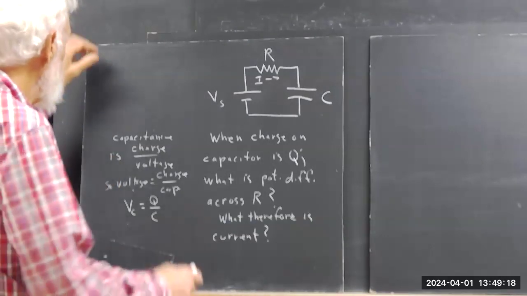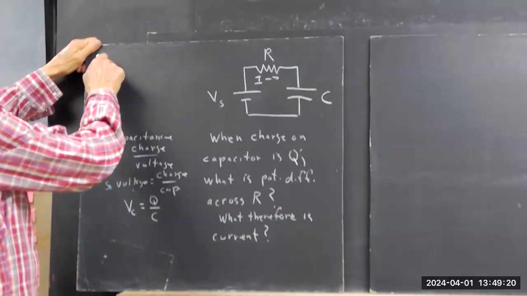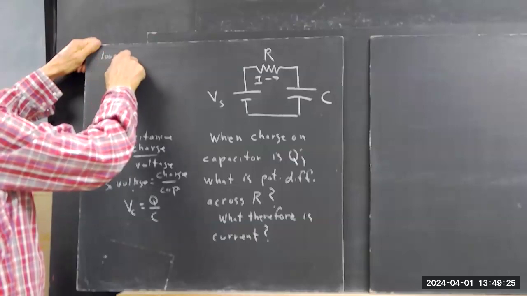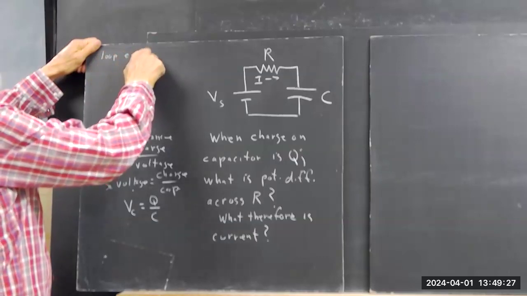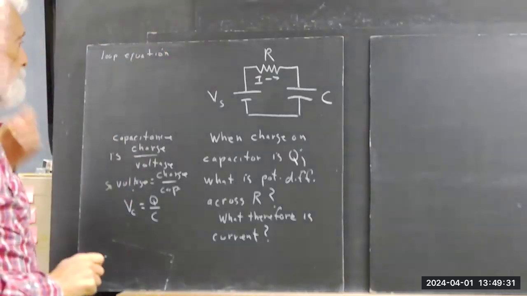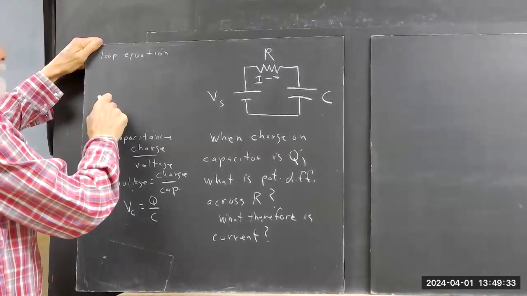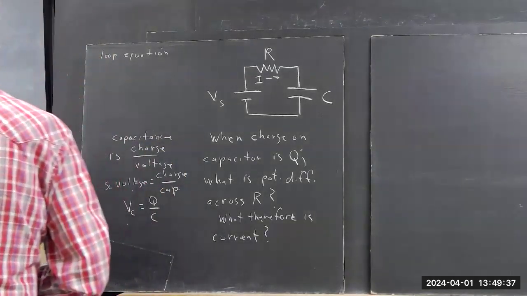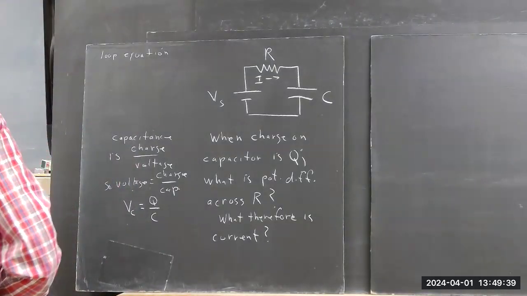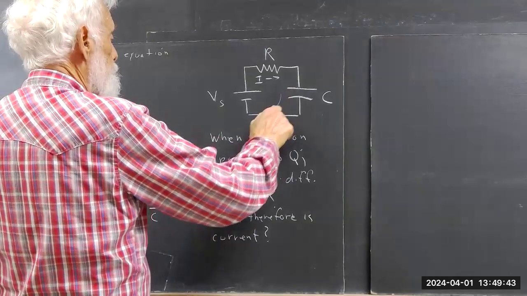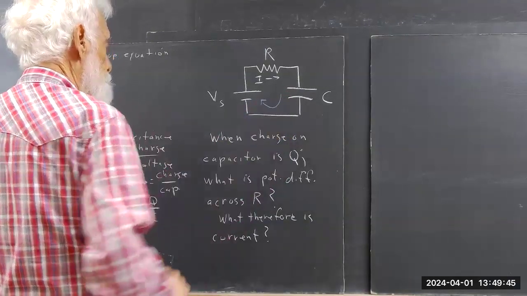The loop equation: we usually make the loops go counterclockwise, but not necessarily, because I can make another loop clockwise.